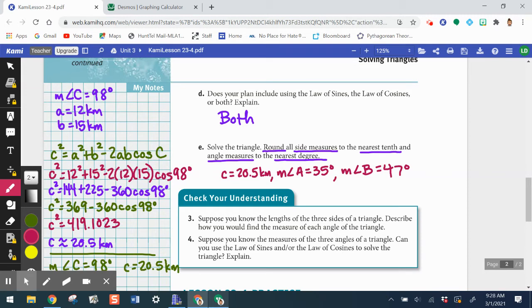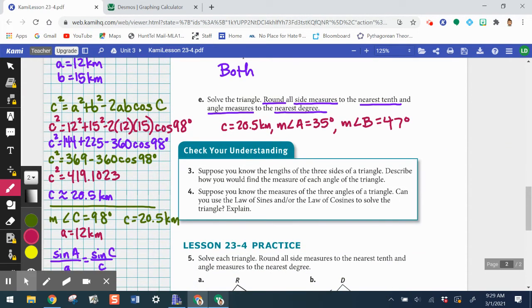So C squared equals, we replace A, of course, with 12, B with 15, and we did that here and here. Notice I put parentheses up because 2 times A times B is multiplication times the cosine of, replace capital C with 98. Technically, in a graphing calculator, you can key in this entire equation just as you see it here.